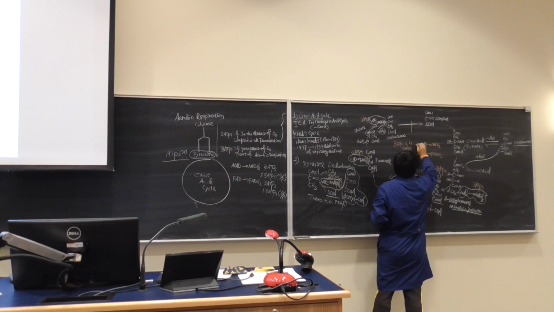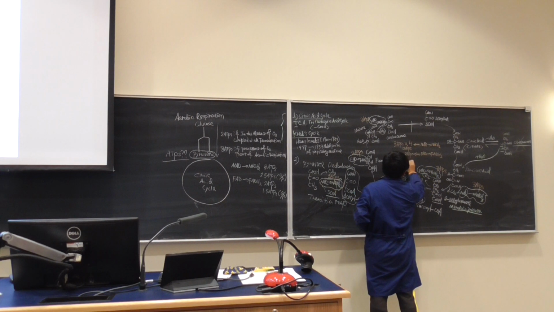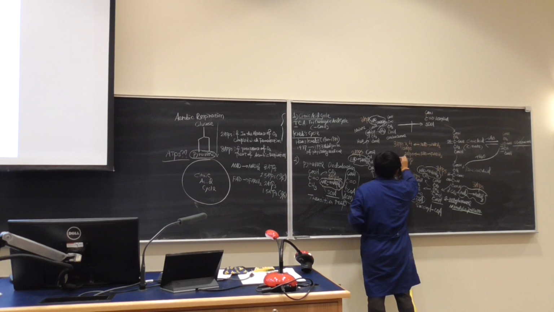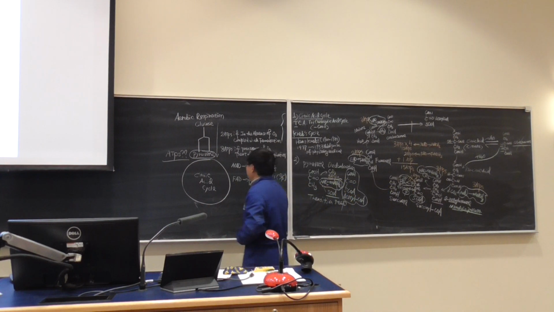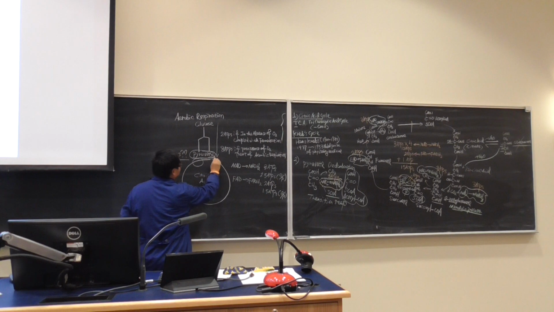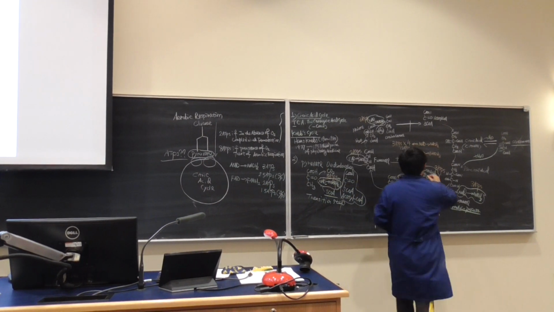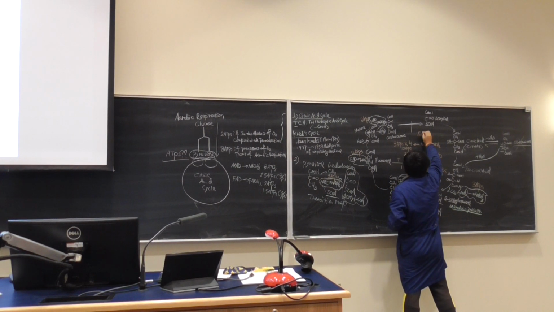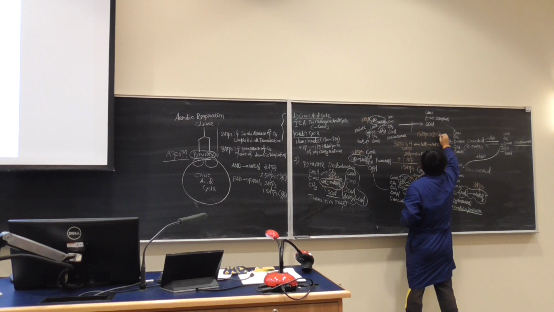And then don't forget, one substrate level phosphorylation, 1 ATP. So you add them together, that is 15 ATPs. Now do not forget, the pyruvate could do 1 cycle right here. Another pyruvate could do 1 cycle right here. So there are 2 cycles. That's why it's 15 ATPs multiplied by 2 equals 30 ATPs.